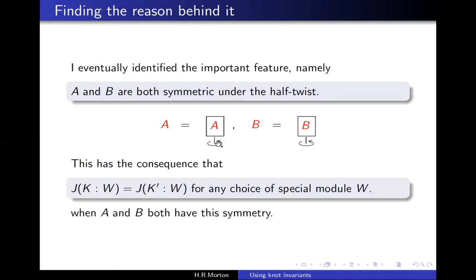And what I was able to show was that if you colored your 2 knots, K and K prime, by a special module W, if A and B both have this half twist symmetry, then the 2 knots will have the same invariant.